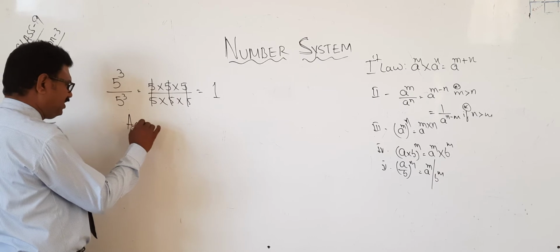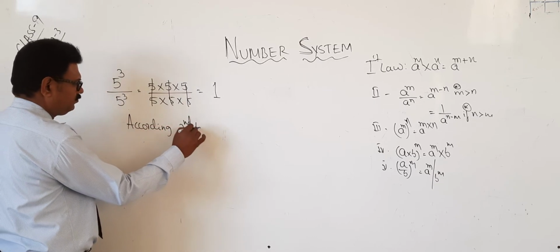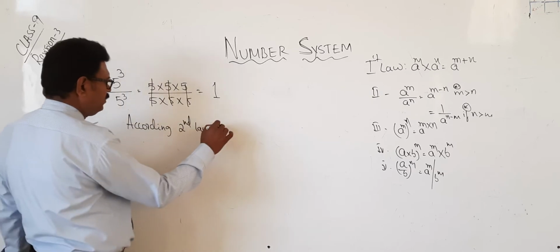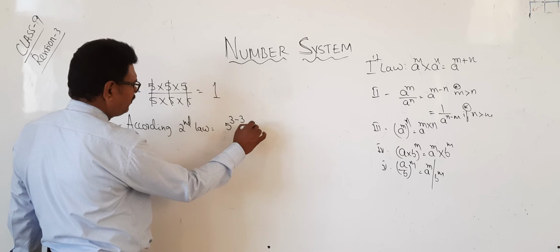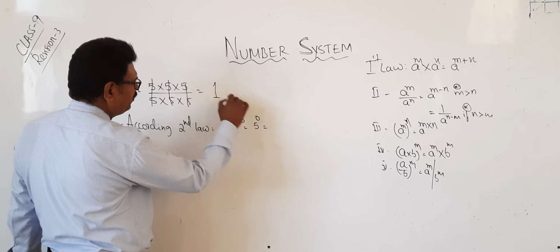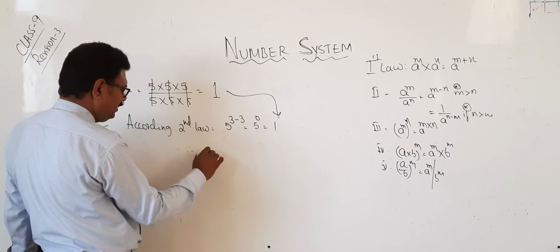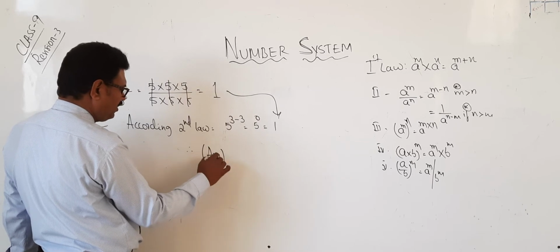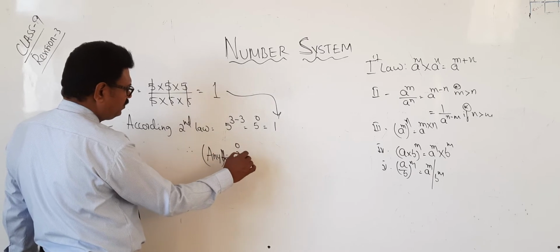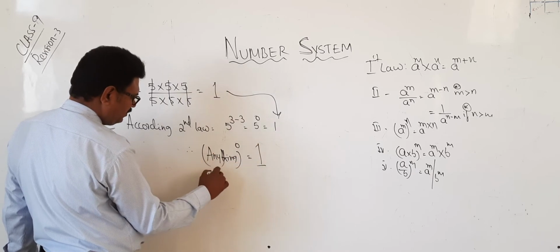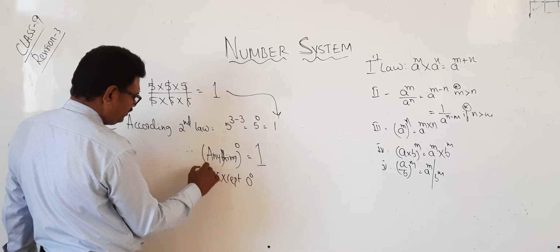But according to the second law, 5 to the power of 3 minus 3, therefore 5 to the power of 0. But what is the answer? 1. That means anything to the power of 0 is equal to 1 except 0 to the power of 0.